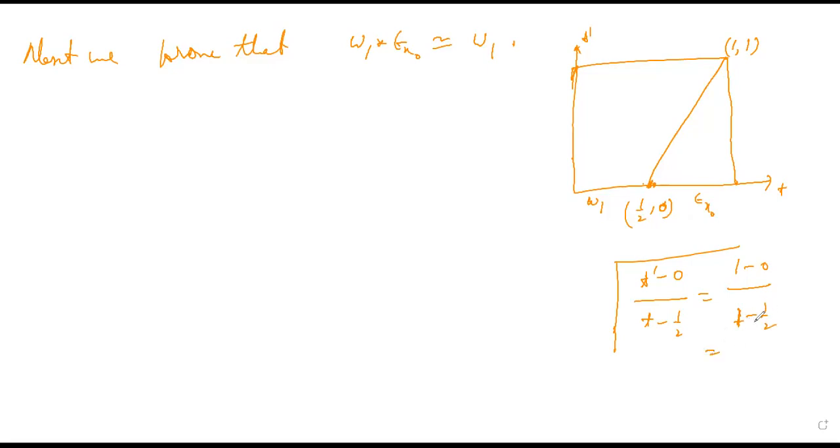This is half, so this will give you t equal to half into (1 plus t prime).